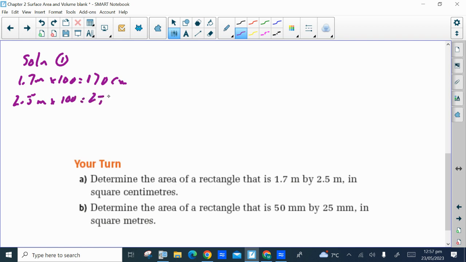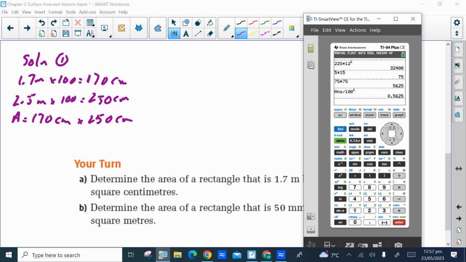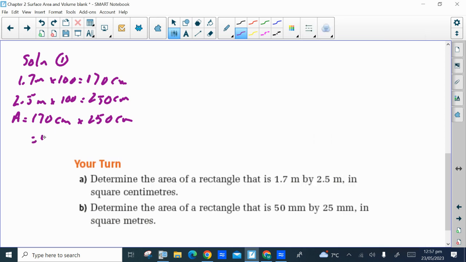That would be 250 centimeters. And then the area would be found by multiplying these 2 numbers together. So 170 times 250. So this is one way to get our answer in centimeters squared, 42,500.